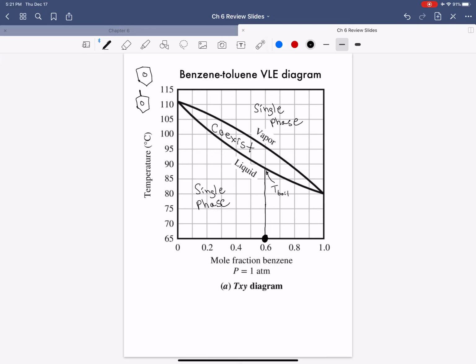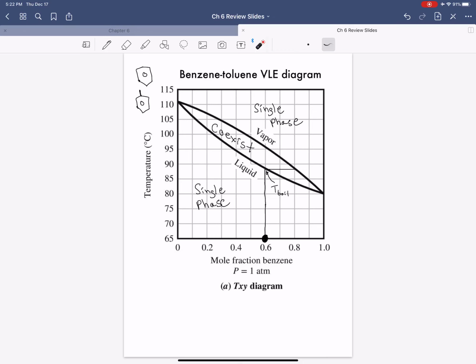Okay? And so once we hit the black line here, which corresponds to the boiling point of our liquid mixture, what we do is then we go directly to the right, staying at the same temperature until we hit that top black line. Right? And so by doing that, we now have a different composition, 0.8. And so what that is telling us is the composition of benzene in the vapor phase. And because benzene is more volatile than toluene, right, there's going to be more benzene molecules in our vapor now.